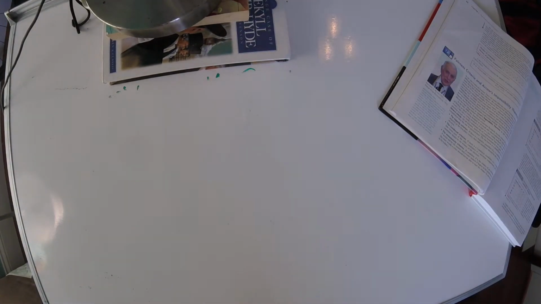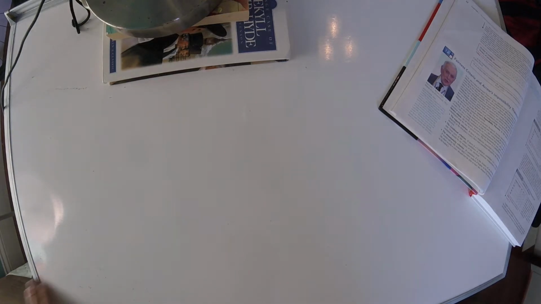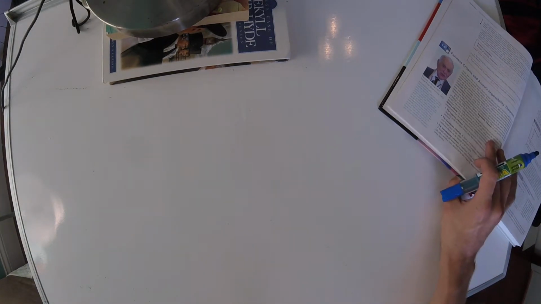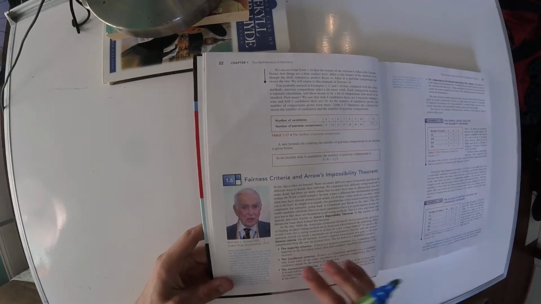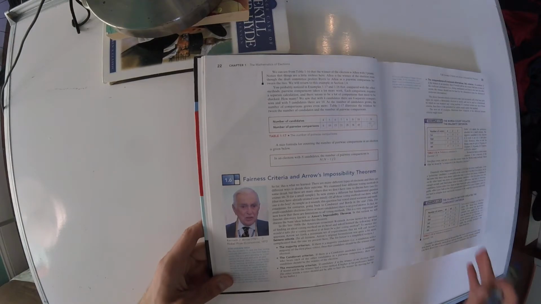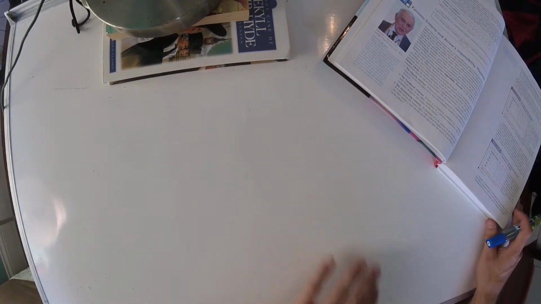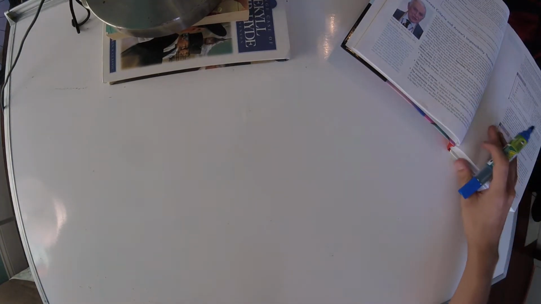Okay, so now we're just going to talk about a little bit of new material, but it's not really problem strategies. It's more just a little bit of philosophy about elections. So there's this guy who's a Nobel Prize winning economist named Kenneth Arrow, and this is him there, and he came up with 4 criteria that he determined are necessary for a voting method to be fair, and we're going to talk about each of those.